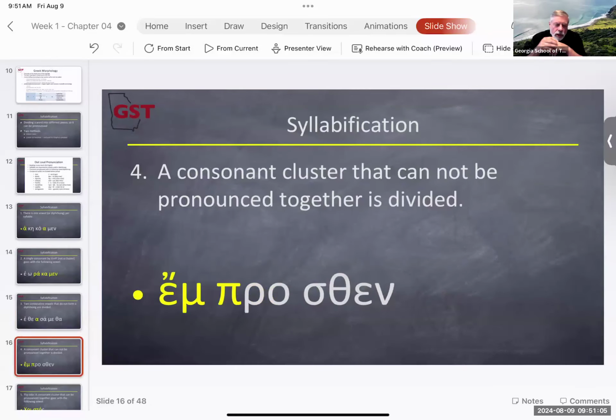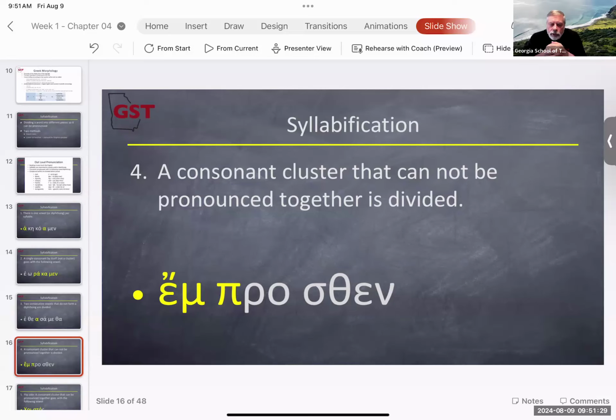All right. And so the fourth rule: a consonant cluster that cannot be pronounced together is divided, right? So the mu and the pi cannot be pronounced together. You cannot put them as one syllable because you can't go moop, moop. We don't make that sound in English, right?